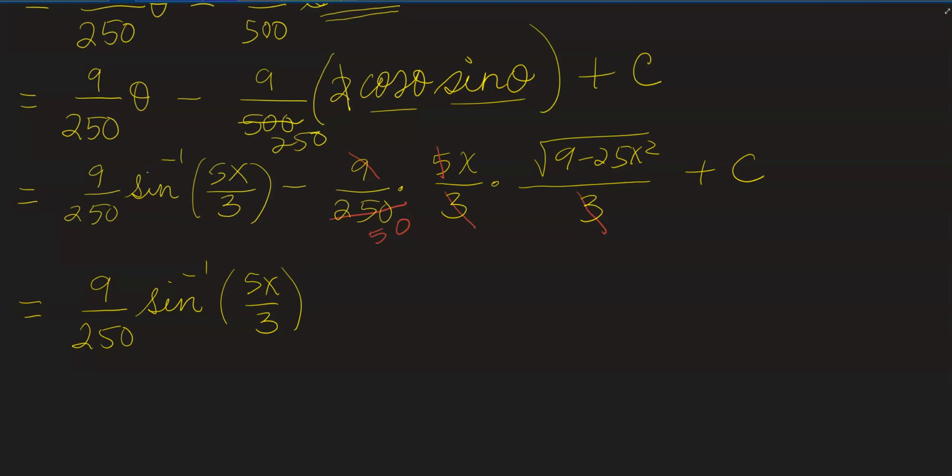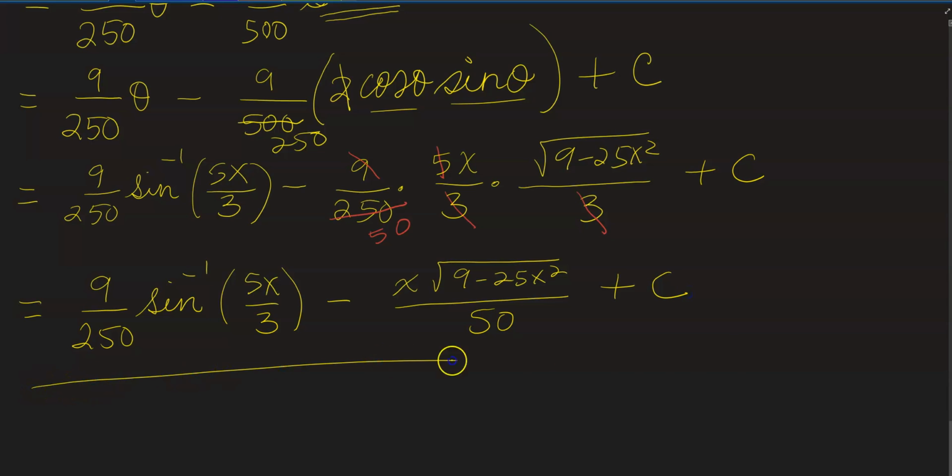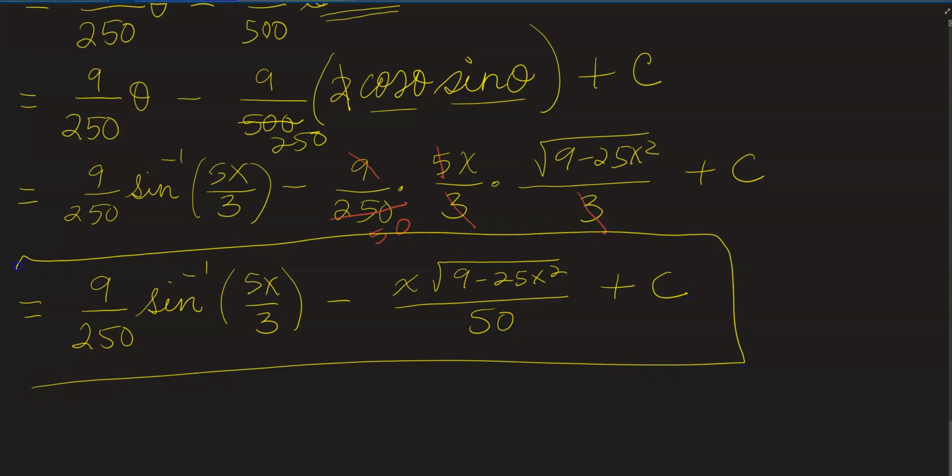So what we have left is minus x square root of 9 minus 25x squared over 50 plus c. And that is our final answer for the integral.